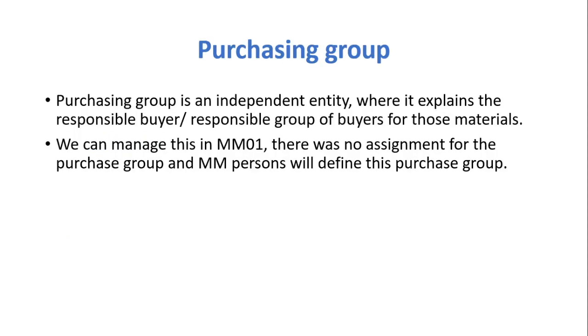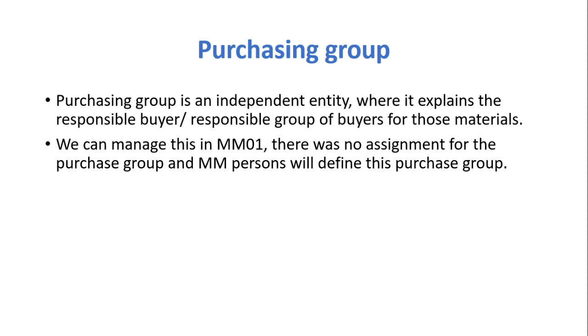Then purchasing group. Purchasing group is an independent entity that identifies the responsible buyer or responsible group of buyers for those materials. Based on the purchasing group, we can get purchase order data for who is the buyer of that purchase order.